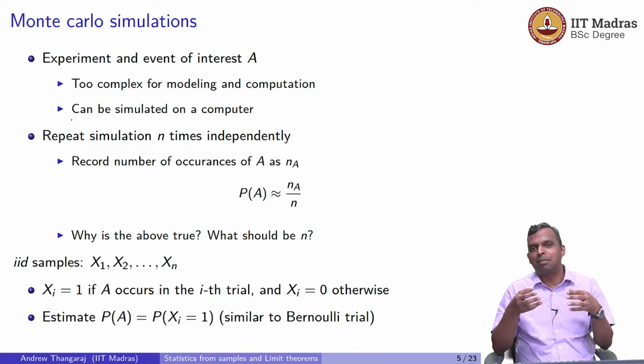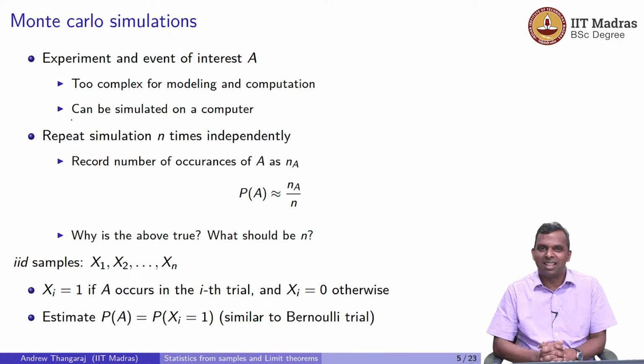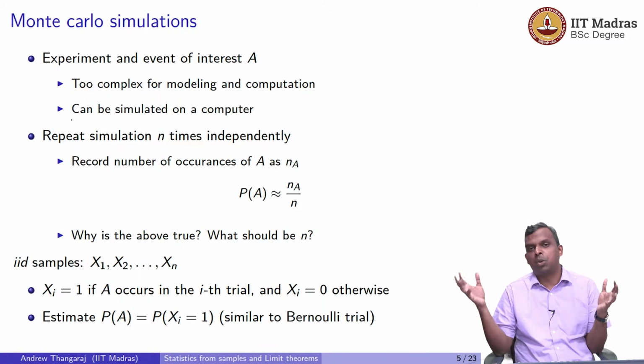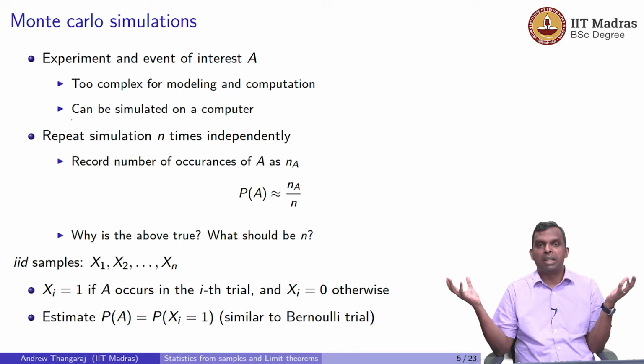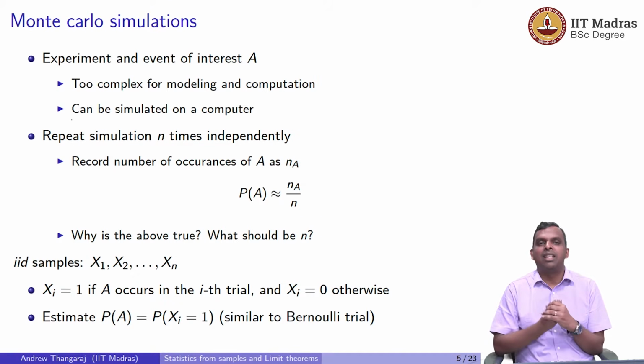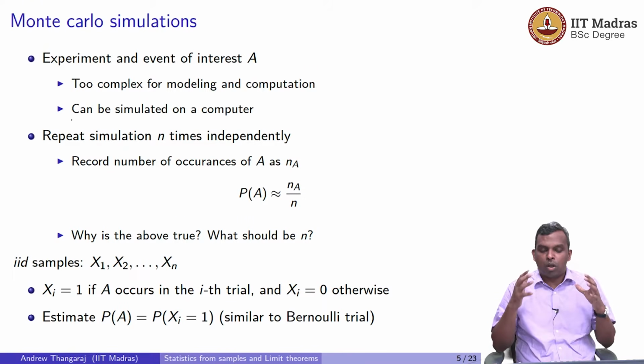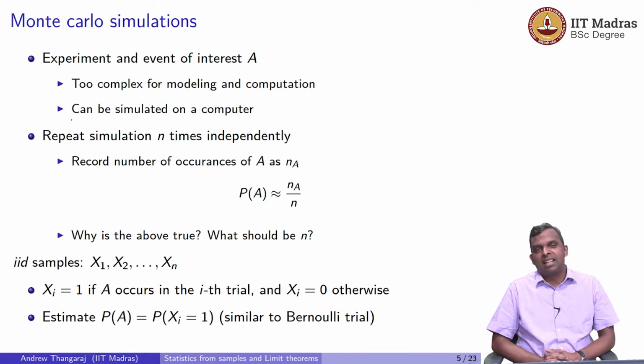Only then does it become meaningful to talk of probability in that sense. So this interpretation of the probability as being the frequency with which it occurs: if you repeat the same experiment over and over again, independently multiple times, then the fraction of times the event A occurs should roughly be assigned as the probability. This is what we hope we are doing in our analysis.